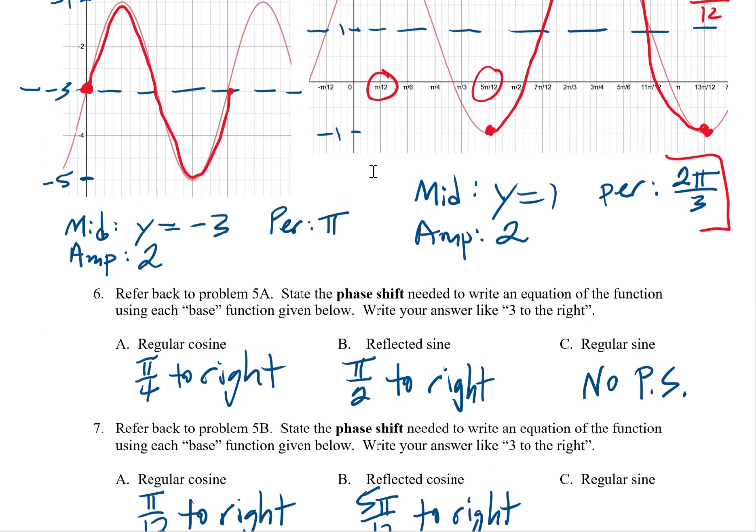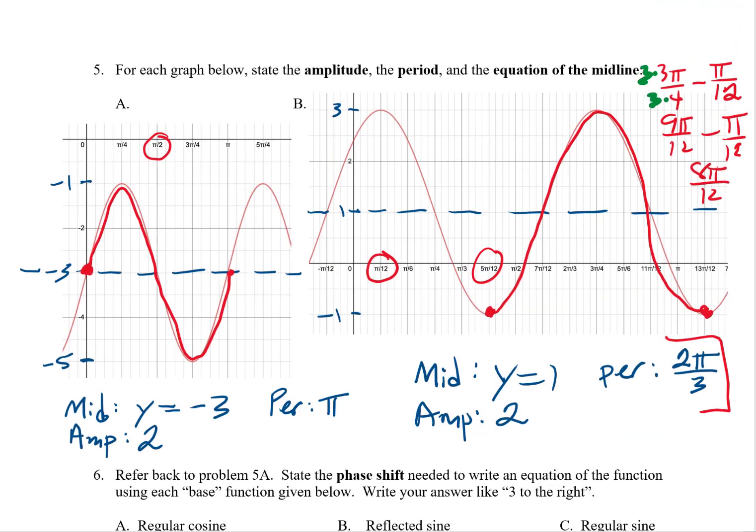And then lastly, if I'm looking for regular sine, let's see, regular sine is the hill and the valley. The first hill I see starts here, it starts right in the middle. You'd get a hill and you'd get a valley. There's the regular sine shape.